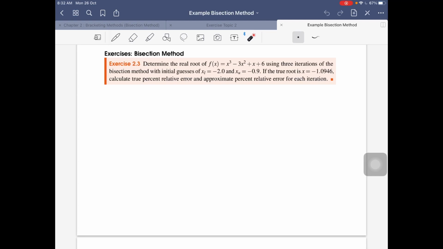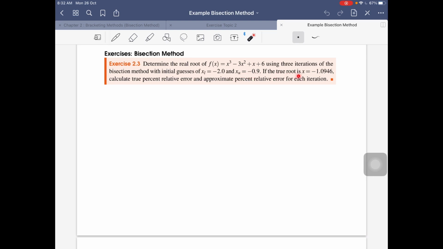So let's discuss together the exercise on the bisection method. I pick exercise 2.3. Determine the real root of f(x) = x cubed minus 3x squared plus x plus 6 using 3 iterations of the bisection method with initial guesses of x lower equal to negative 2.0 and x upper equal to negative 0.9.